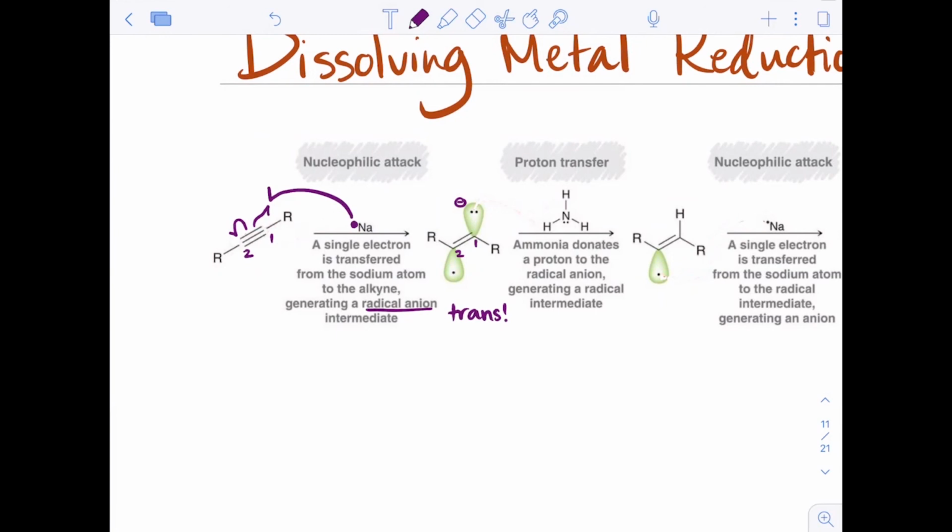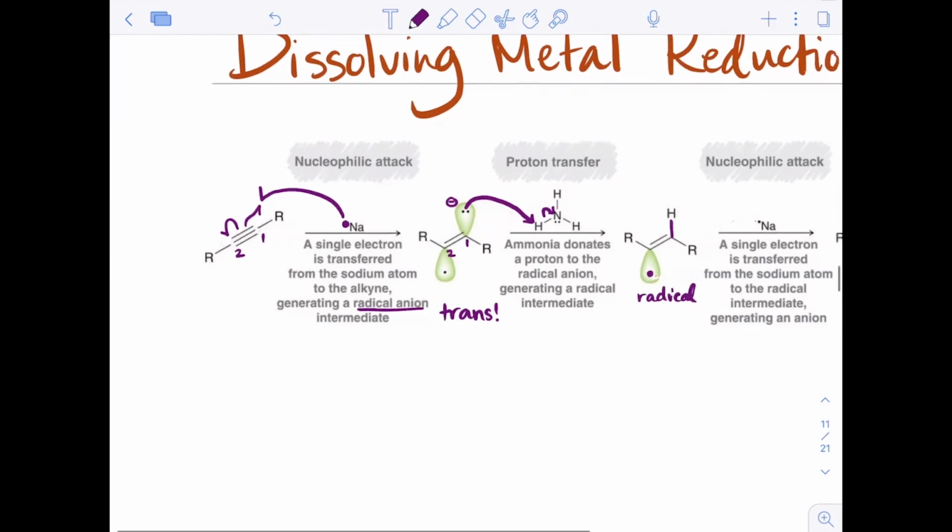And so that's where we can see that trans reduces the steric hindrance, and this mechanism is helping explain why we see trans as the product. Then we do a proton transfer with the ammonia, and we add on that first hydrogen. Notice we still have our radical here. We now have a radical intermediate, doesn't have a formal charge, but we still get to keep going.